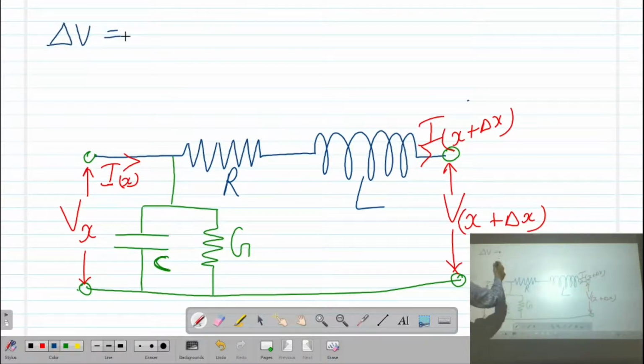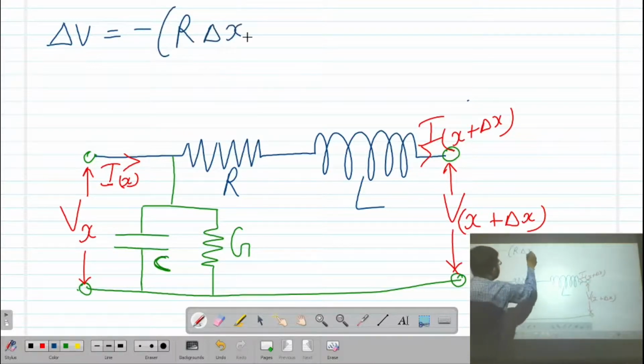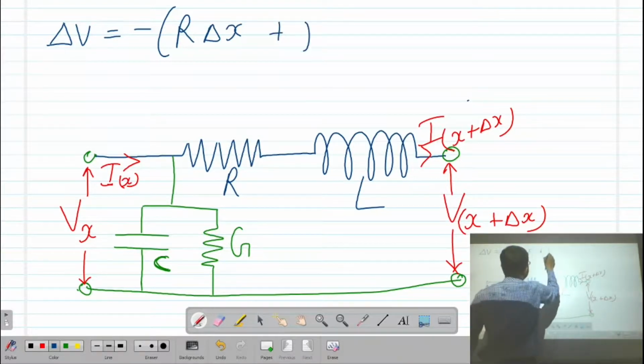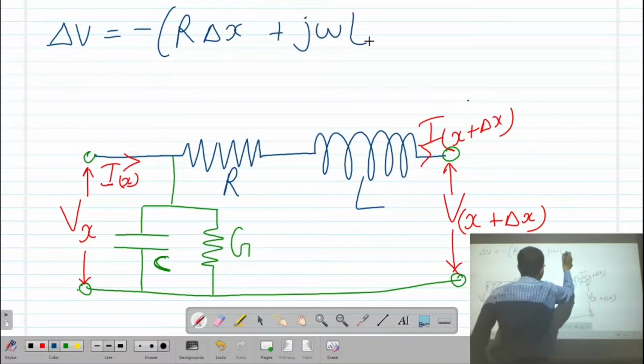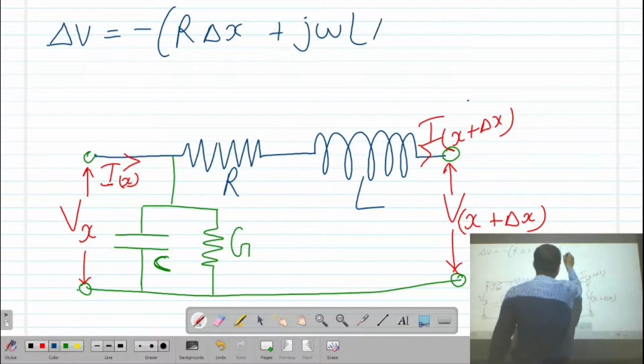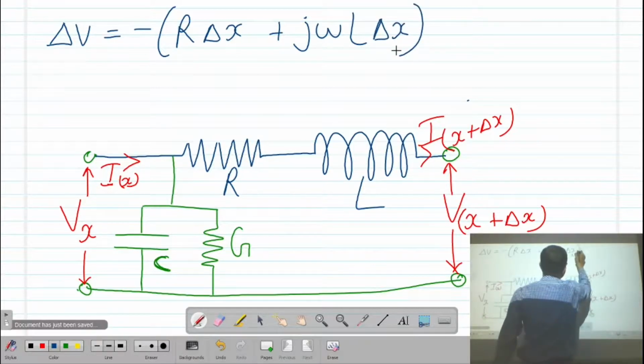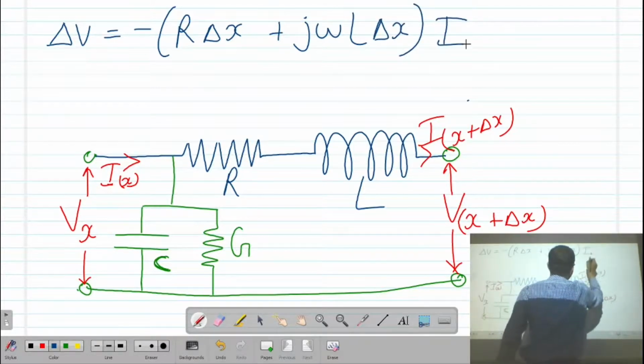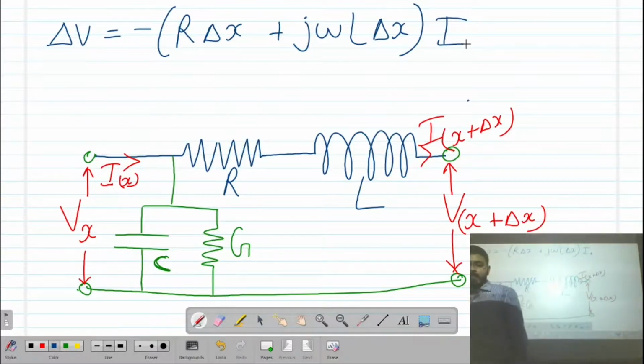Delta V is equal to minus R delta x plus j omega L delta x into I. Now this minus sign is due to the fact that we are traveling from one point to another.